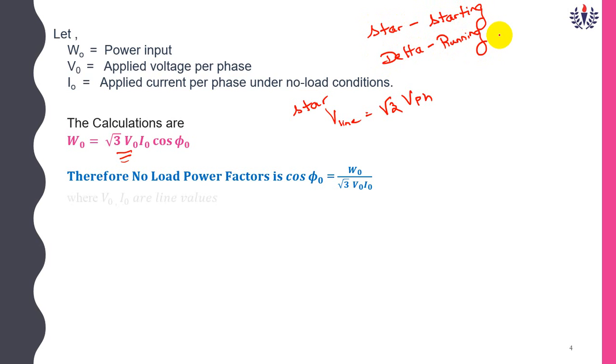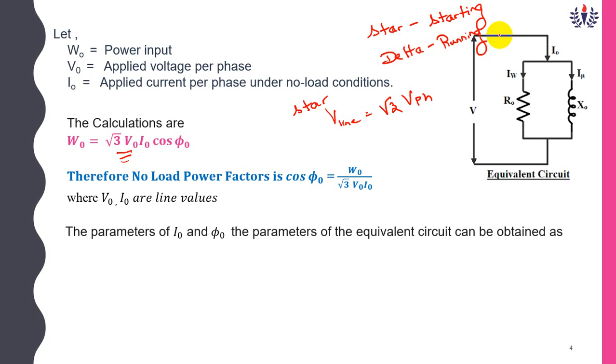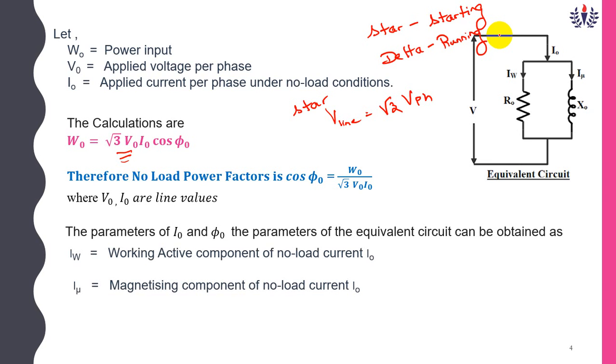This is the equivalent circuit that I already explained. There are two components. When you are calculating the no load test, there will be two currents flowing. One is the active component current, another is the magnetizing component current.